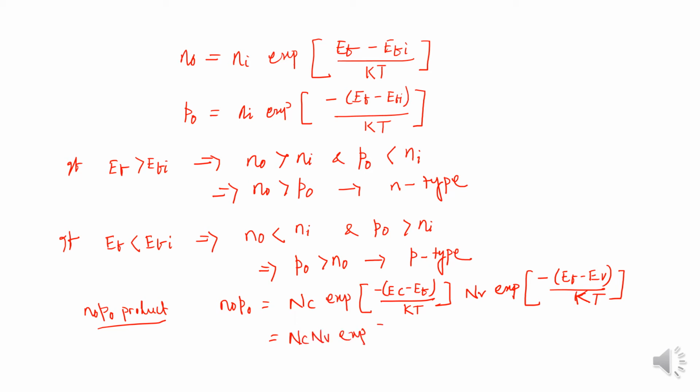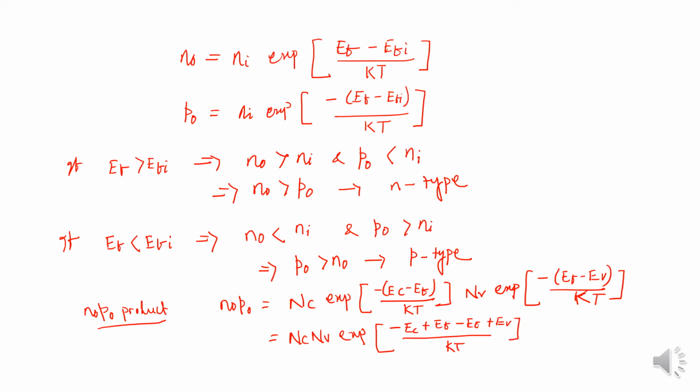That gives us NC NV exponential of, adding all the terms, minus EC plus EF minus EF plus EV, divided by kT.